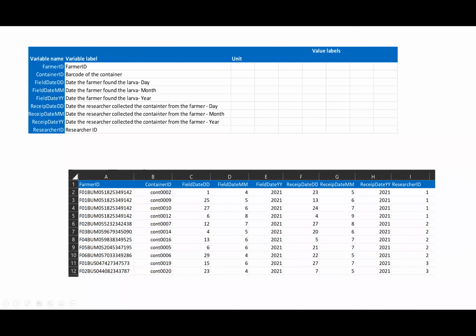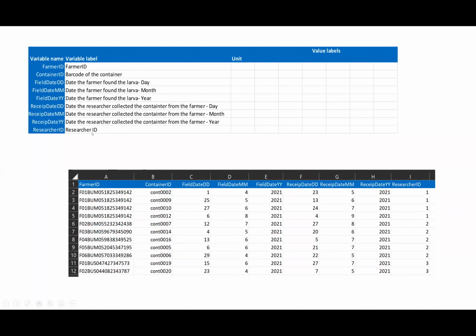So the data entry form, the data has a farmer ID, a container ID that was scanned from the container, a field date, month, year, and day for when the larva was found, when it was collected by the researcher, and who collected it.